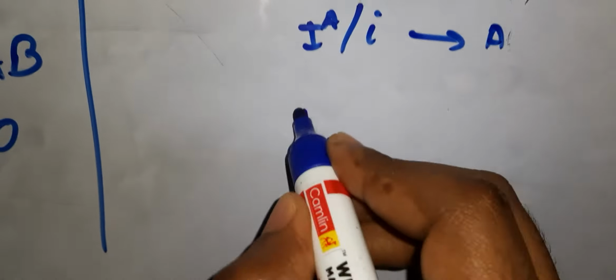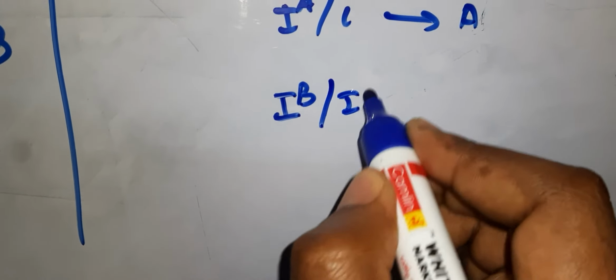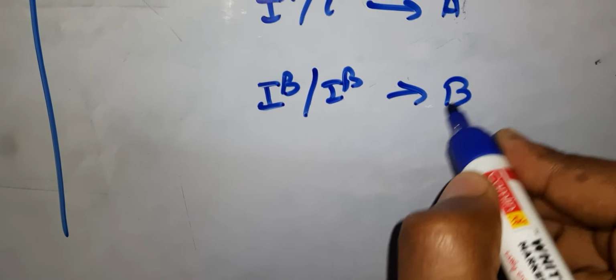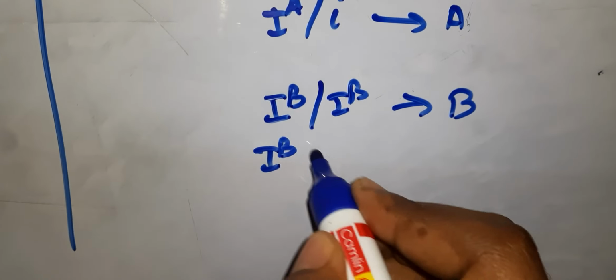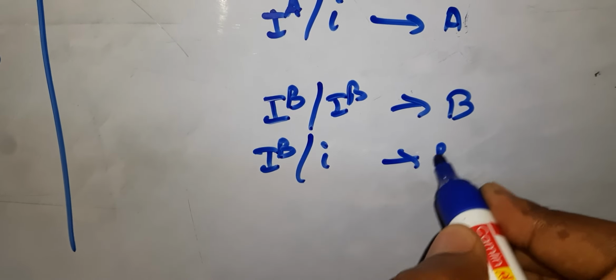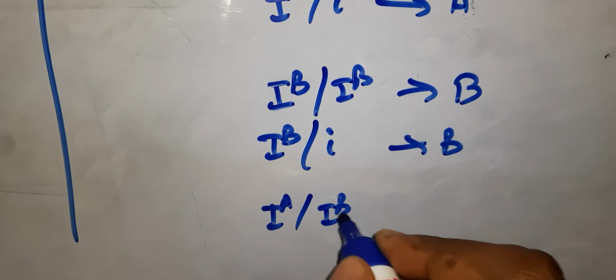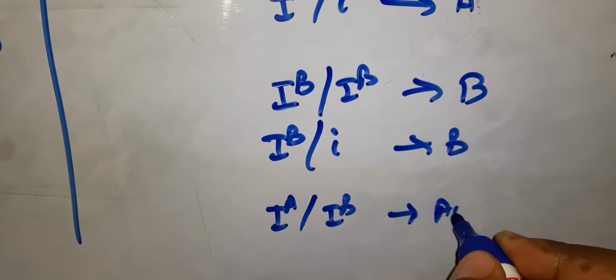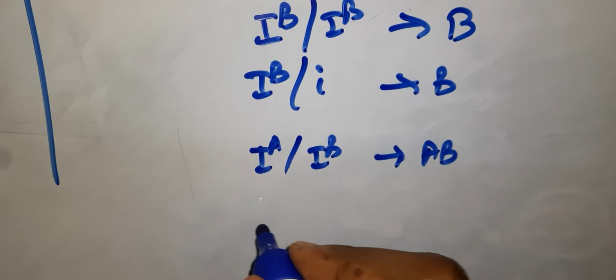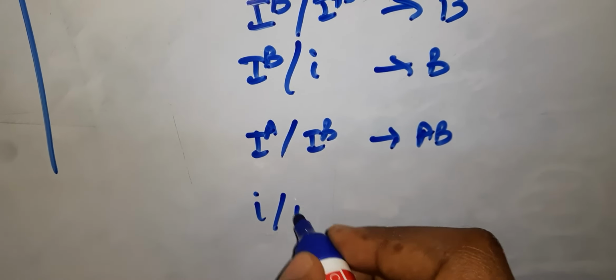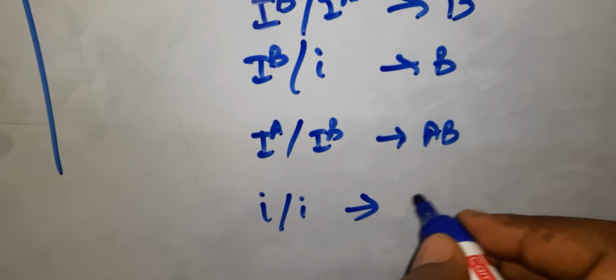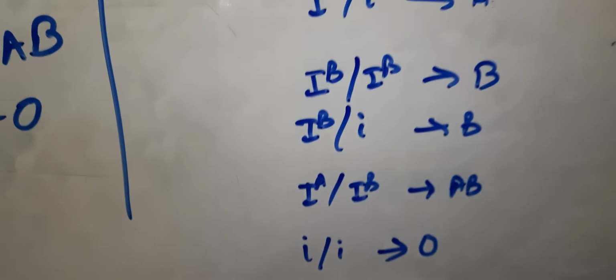Or in case of blood group B, IB and IB appear simultaneously to produce B, or IB and small i. In case of AB, both IA and IB are present to produce AB, and in case of O blood group, both small i appear to produce O blood group.